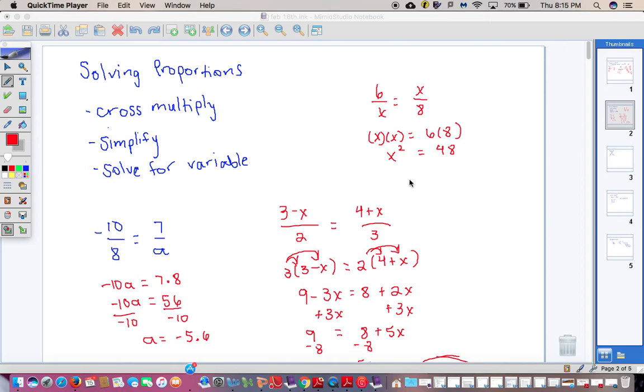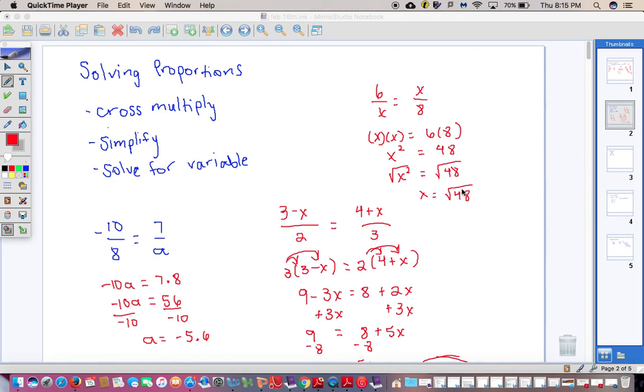And so in order to solve for x, the inverse operation of squaring something is taking the square root. So I would take the square root of both sides, and when I do that, I get x is equal to the square root of 48.